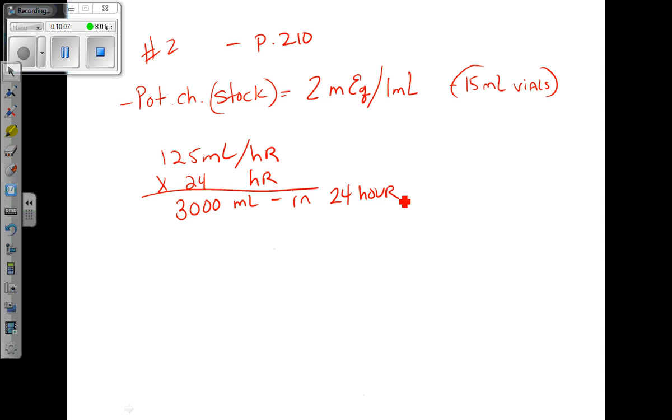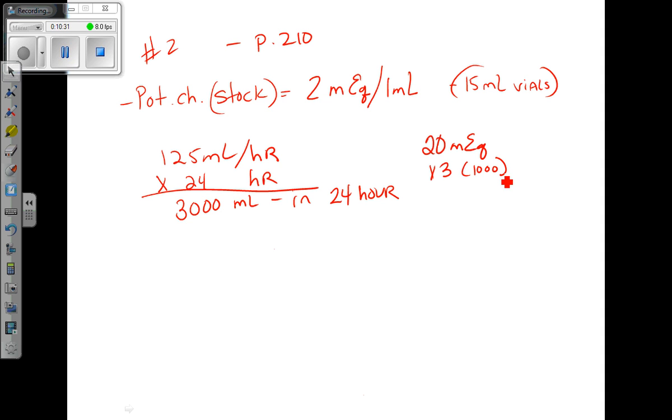If you look at your Rx, it's coming in 20 milliequivalents of potassium chloride in 1,000 milliliters per bag.